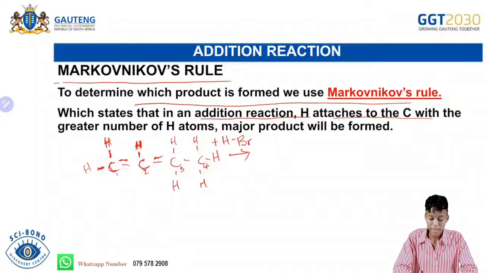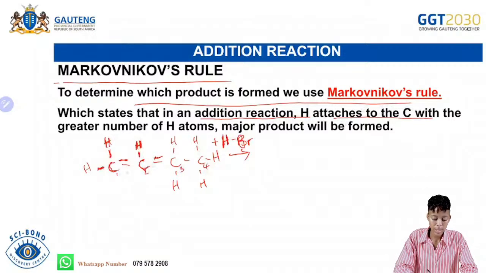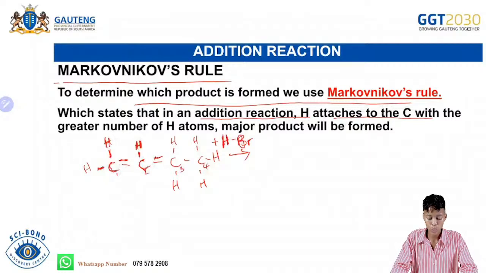So it says in an addition reaction, if we want to be adding this HBr, the hydrogen will attach to the carbon with the greater number of hydrogen atoms. So between carbon number 1 and carbon number 2, that is where we are going to be adding the HBr. So how are we going to decide on that?